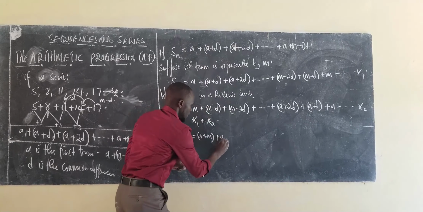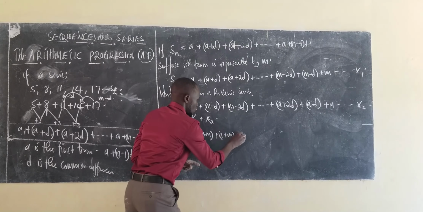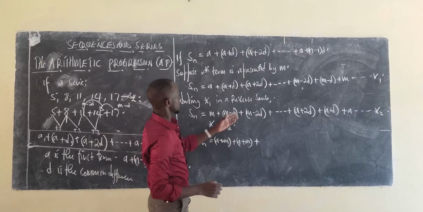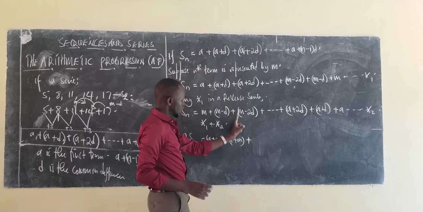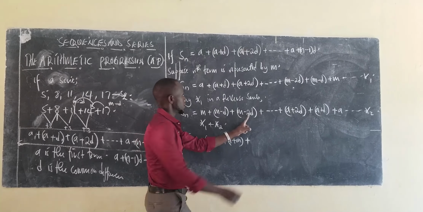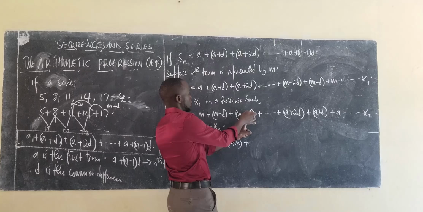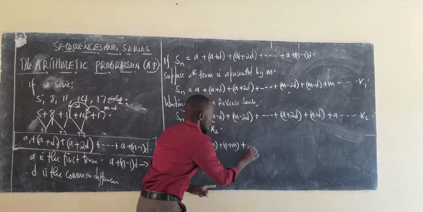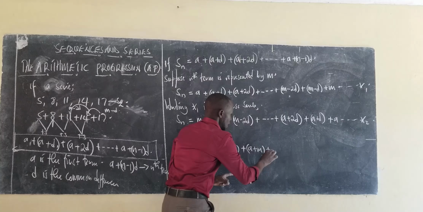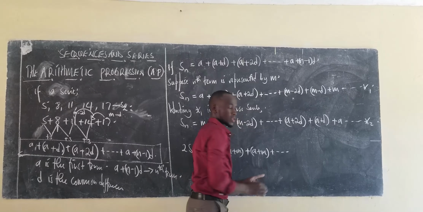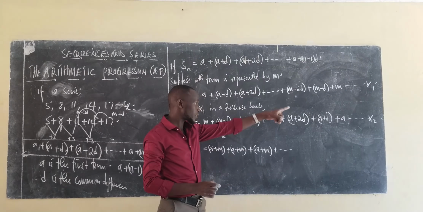So we remain with a plus m still plus. You now look at this. When you have a plus 2d, then plus m minus 2d, the 2d will cancel that and remain a plus m. So we shall have a plus m still. So we shall have plus the many terms that we don't know there, up to we have anything term.